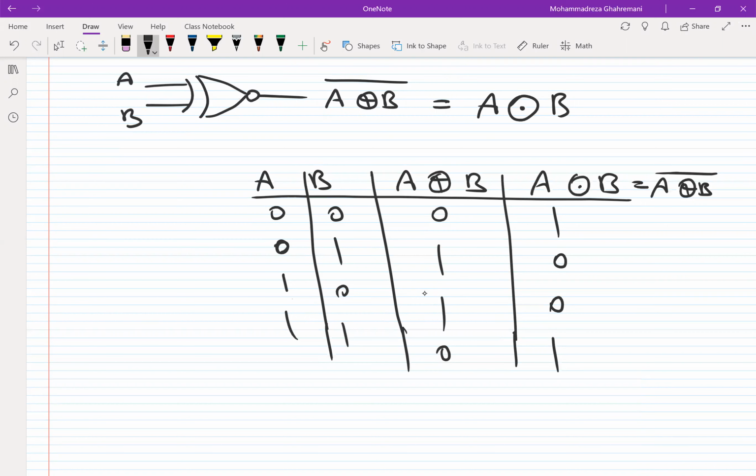So for a two input gate, we can say that the output of an XNOR gate is 1 if both inputs are the same. Okay.